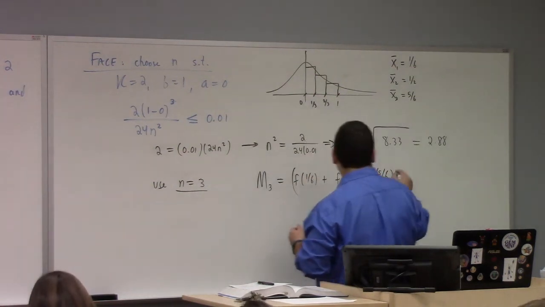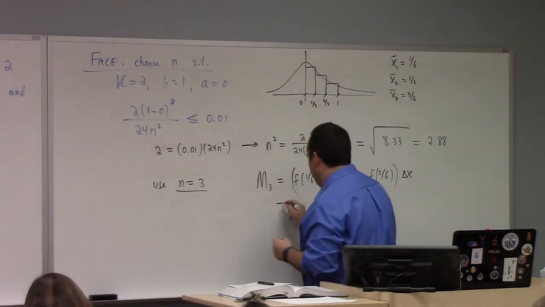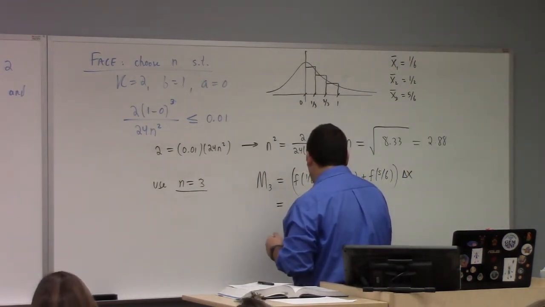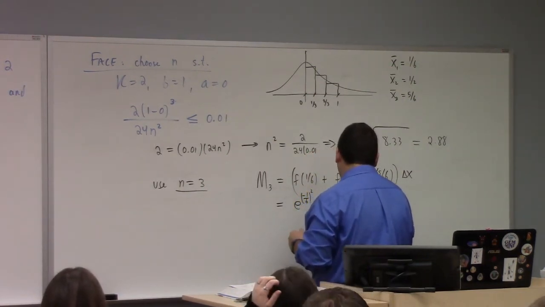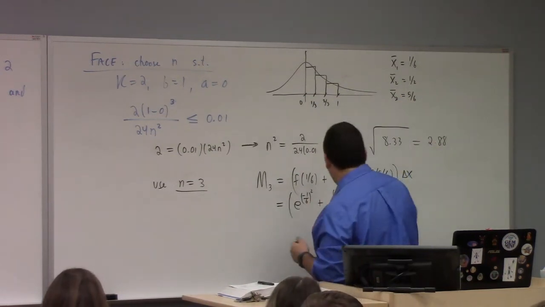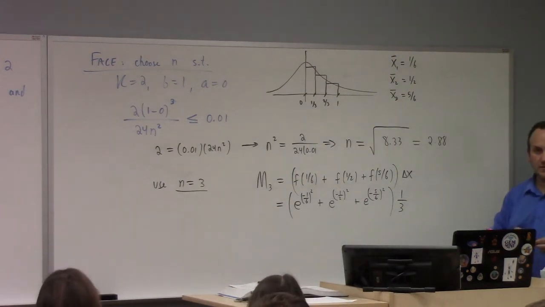What's the delta x here? It's 1/3, right? So we have e to the minus 1/6 squared plus e to the minus 1/2 squared plus e to the minus 5/6 squared times 1/3. That should be within 0.01 of this integral.